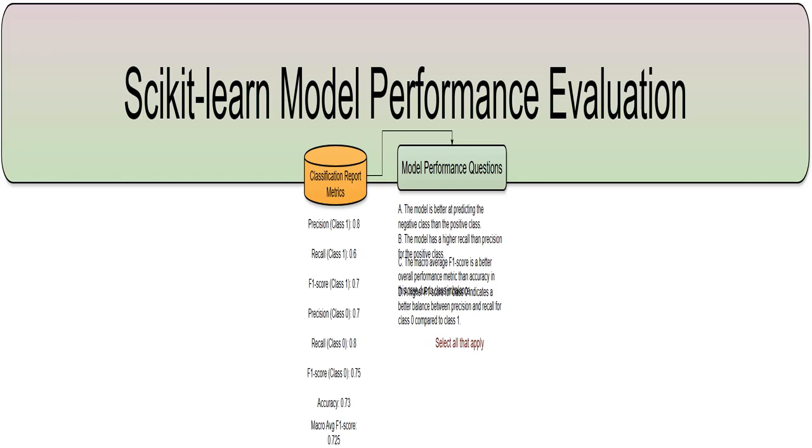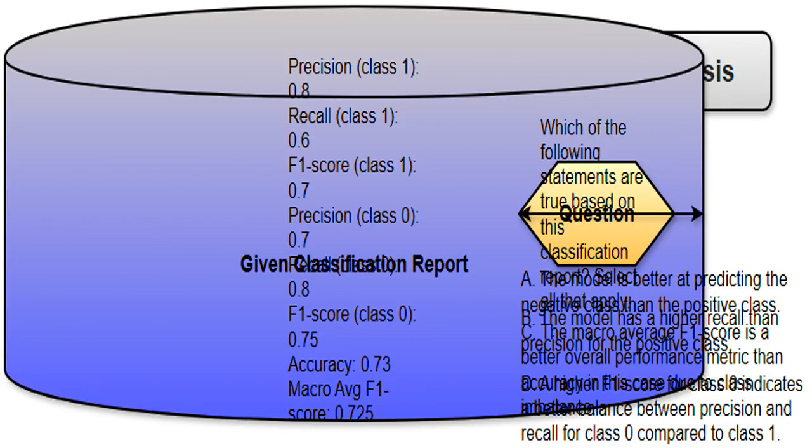We're evaluating how well a machine learning model, built using the scikit-learn library, performs a classification task. Think of it like grading a test for a model. This shows the model's performance. For Class 1, positive, I see a precision of 0.8, meaning 80% of the times the model predicted Class 1, it was correct. The recall of 0.6 means the model correctly identified only 60% of the actual Class 1 instances.